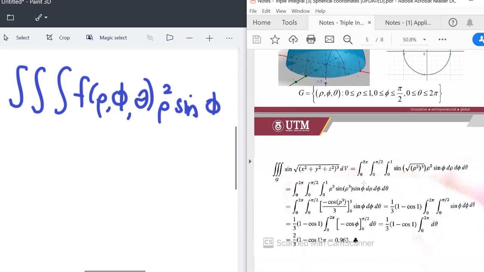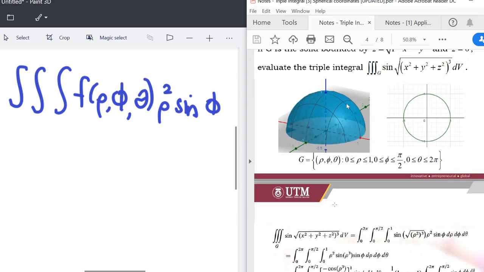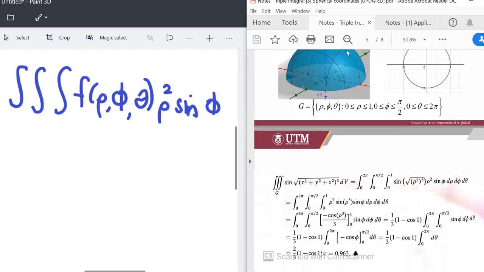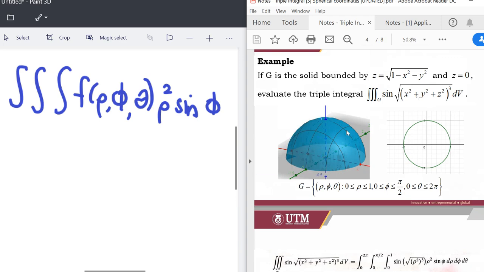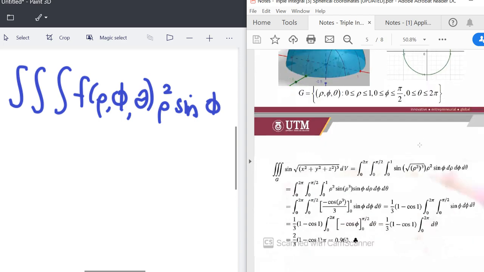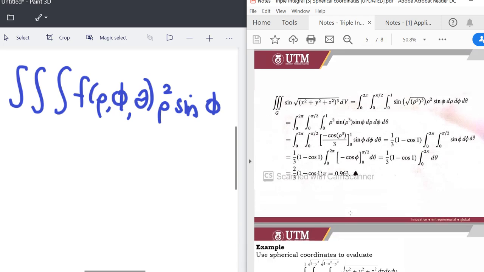After you get the correct limits for spherical coordinates, you will get the answer. So the basic idea is to sketch, identify the limits first, and then transform the given integral into spherical coordinates, and then you can integrate easily, as we have learned previously.